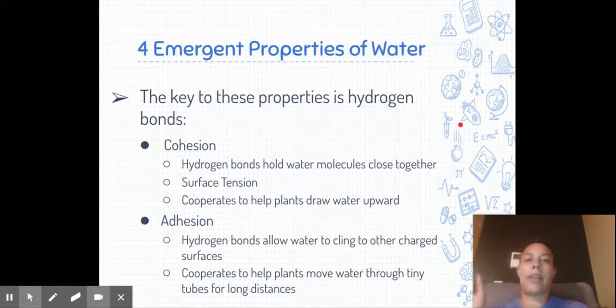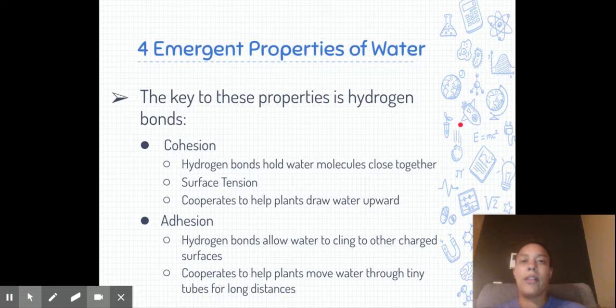If you've ever tried to put like a pin or a paper clip and float it on the top of water, that has to deal with surface tension, and that property happens because of cohesion, because water likes other water molecules and creates some sort of film for different objects or like water striders to kind of hang out on top of without breaking the plane, so to speak.